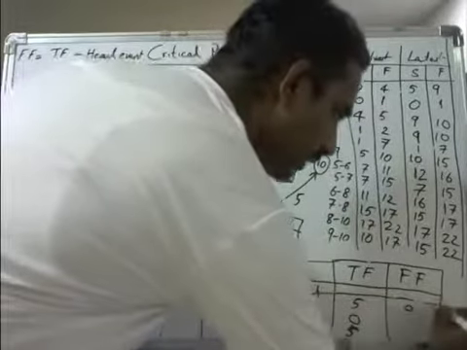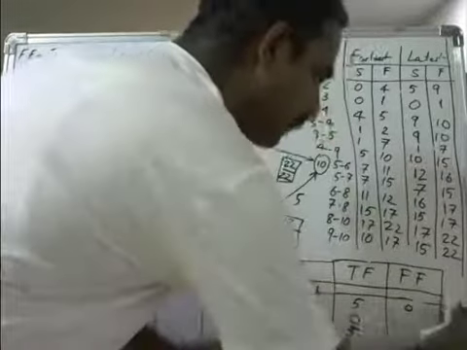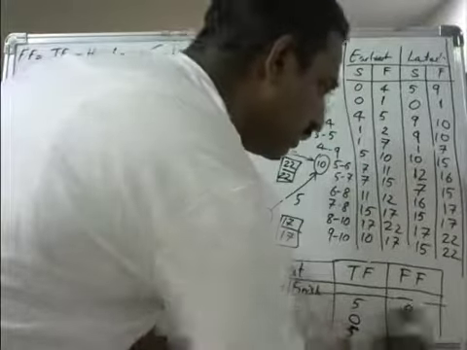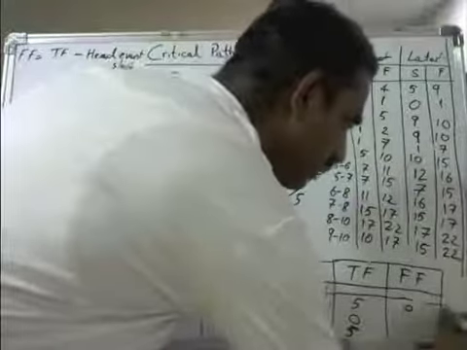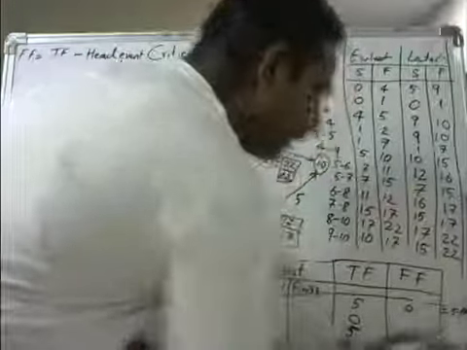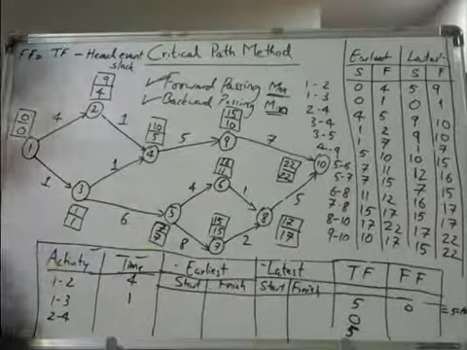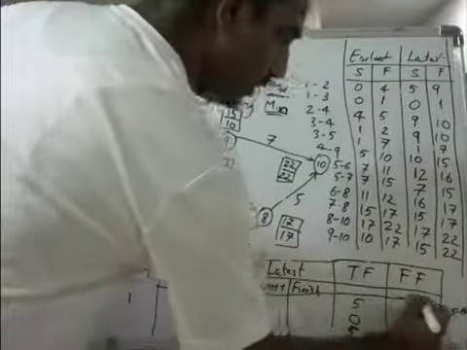It is 5 minus 9 minus 4. You should write it actually, because the examiner will also get to know how you exactly have calculated the free float.